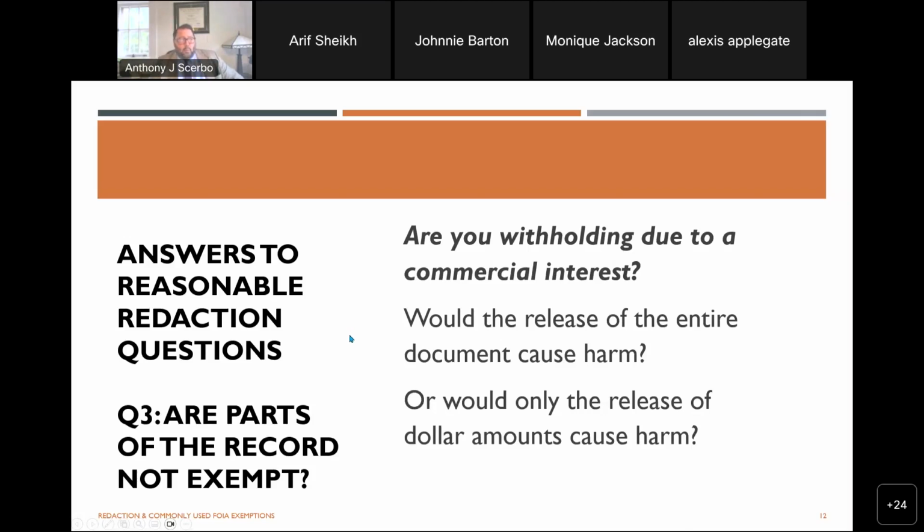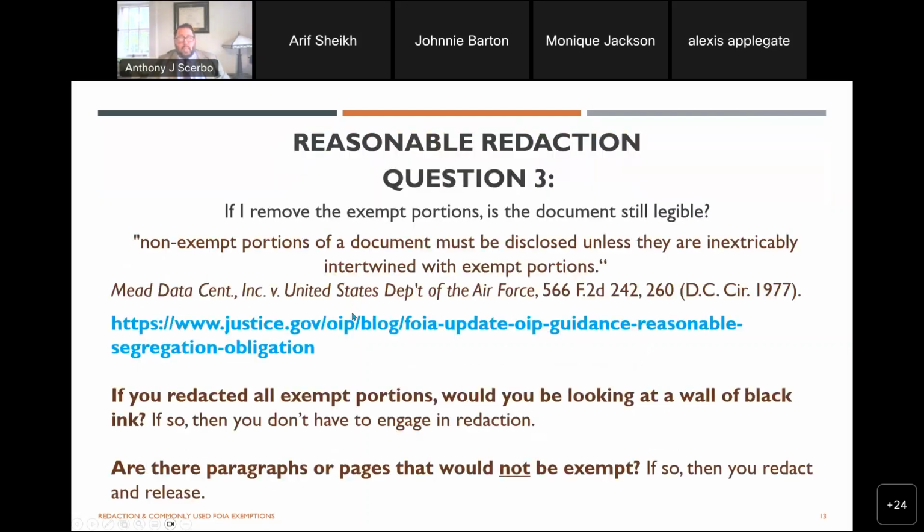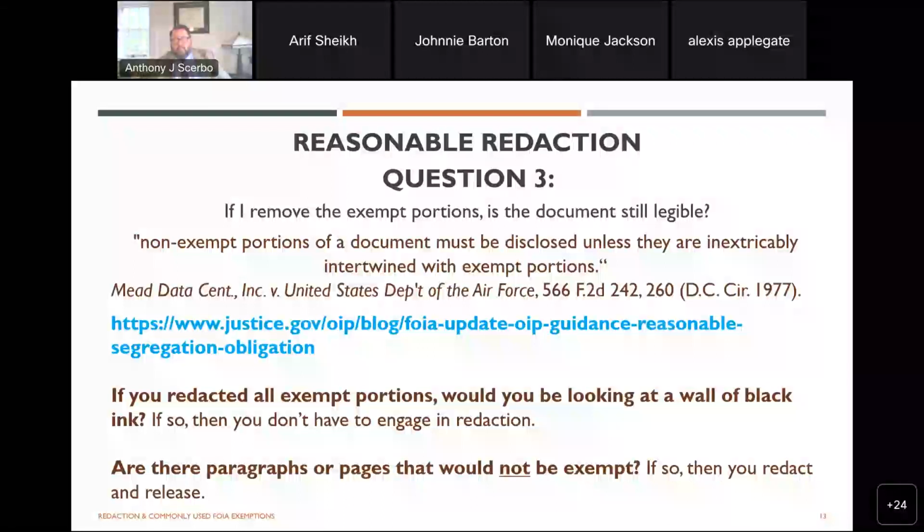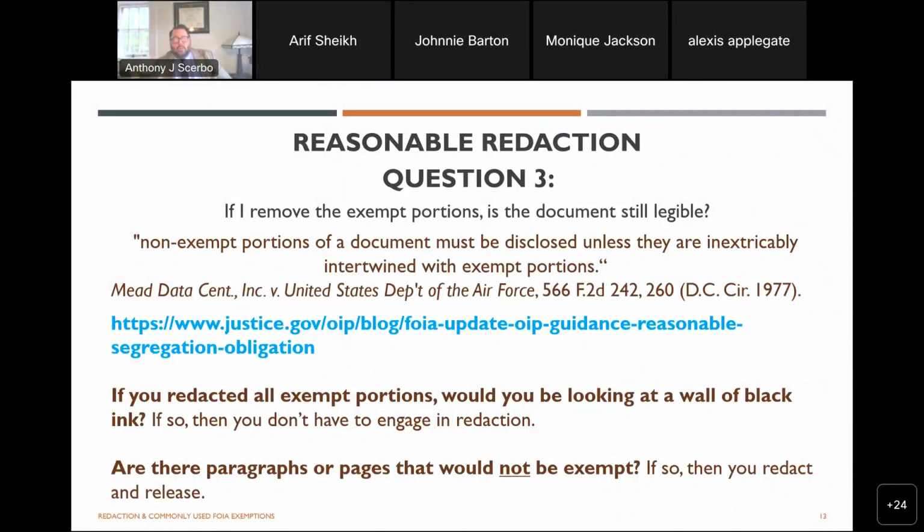And again, at that point, you have to do the segregation, and you have to, in fact, redact only those portions that are subject to the exemption. If you remove the exempt portion, is the document still even legible? So non-exempt portions of a document must be disclosed unless they are inextricably intertwined with exempt portions.